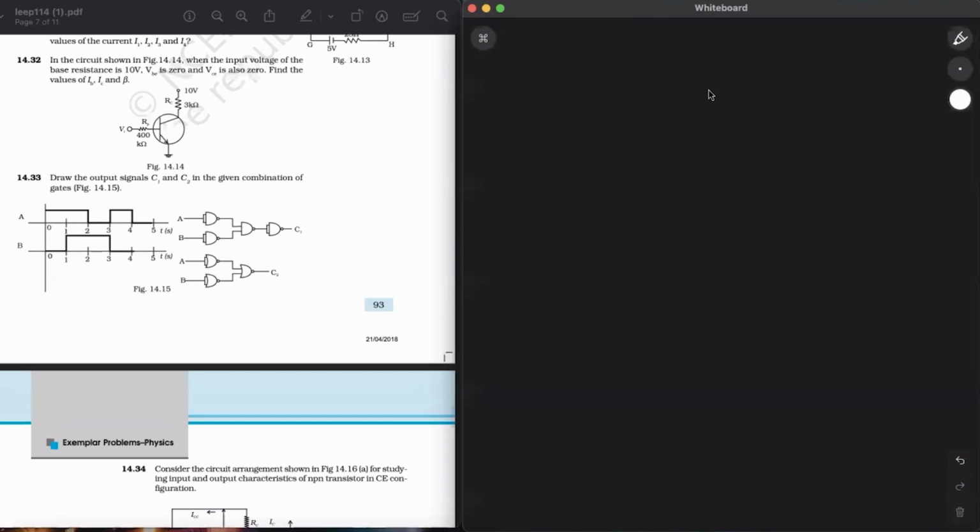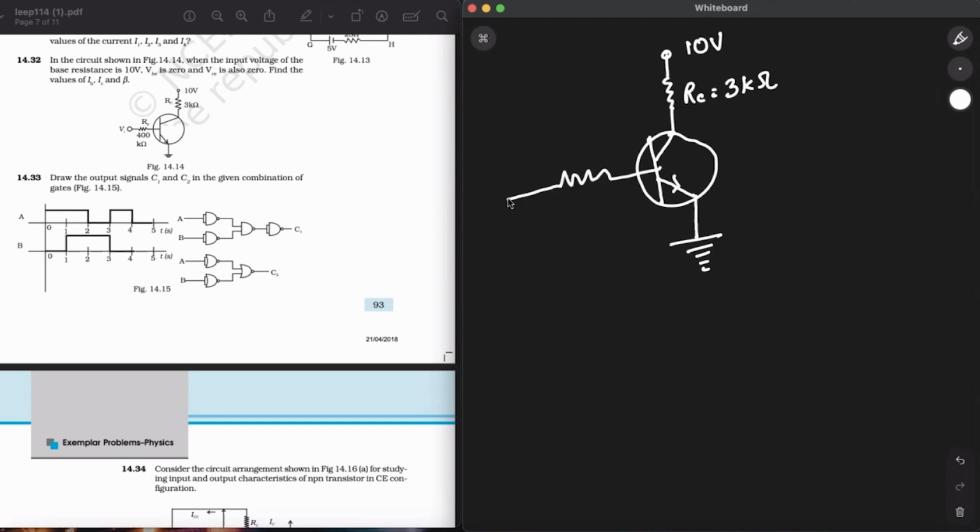Okay. So first of all, I'll draw the circuit. Here there is 10 volt. RC is given to us as 3 kilo ohm. Here is V input.